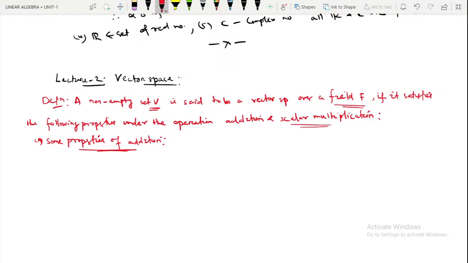Okay, now I will write all the properties of addition, like closure property of addition.